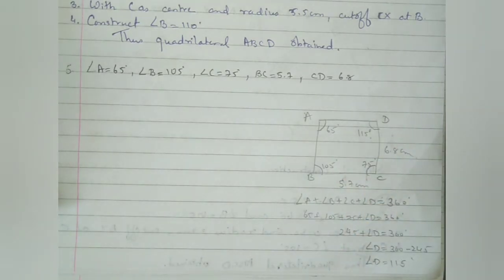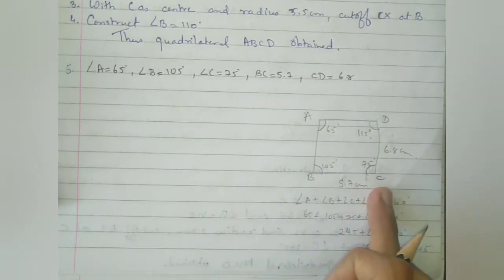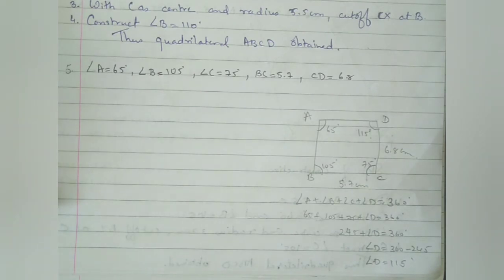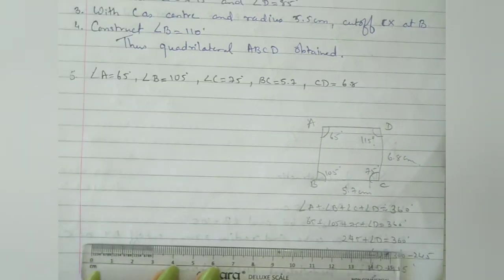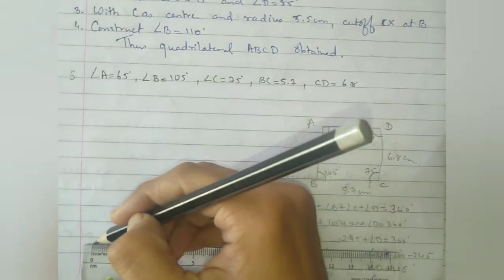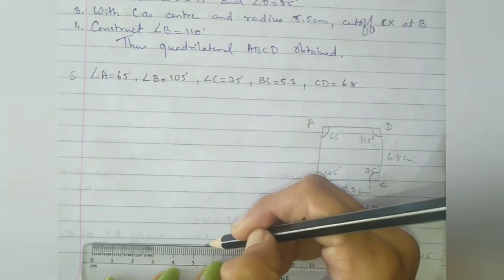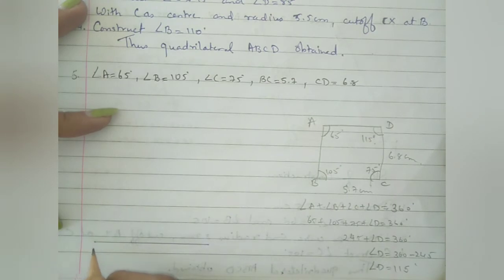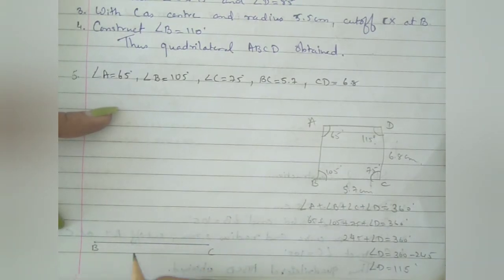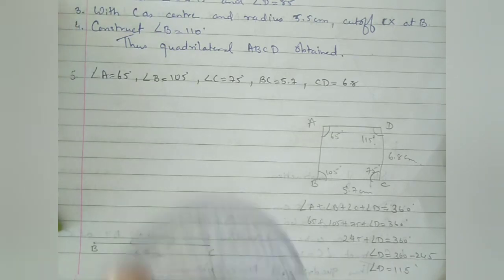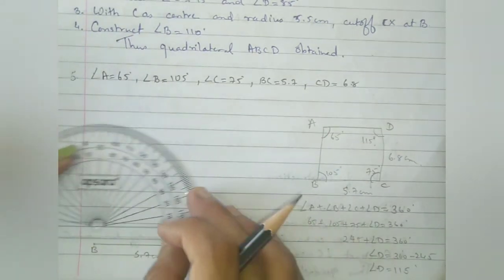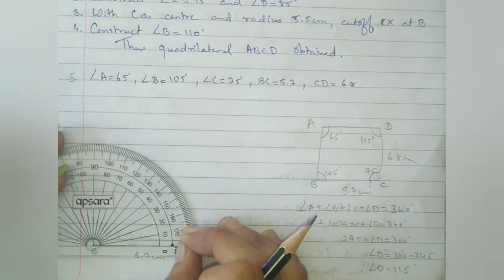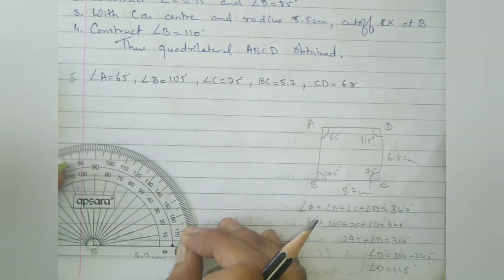Now first of all what we will do, we will just draw this BC 5.7 centimeter. Let us draw with a scale 5.7 centimeter. So here it is BC 5.7 centimeter. Now with protractor we will draw angle that is 105 degree.